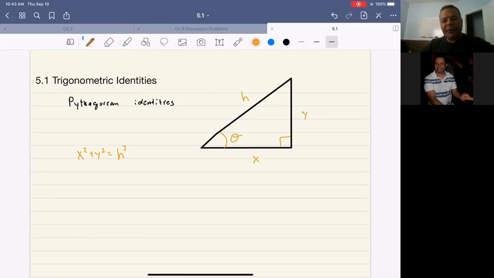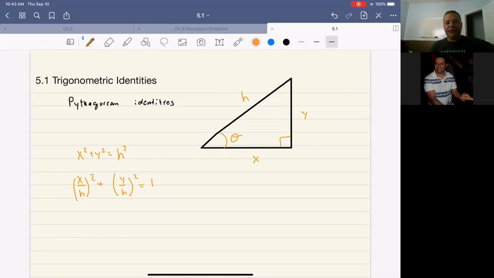Okay, and if we divide that by h squared, then we're going to get x over h squared plus y over h squared equals 1.